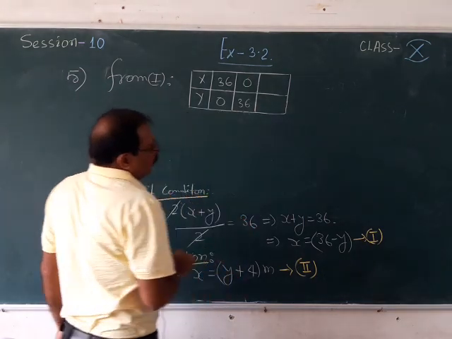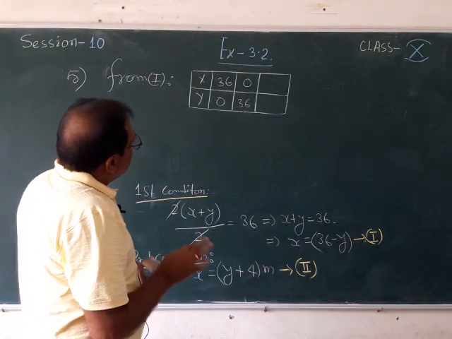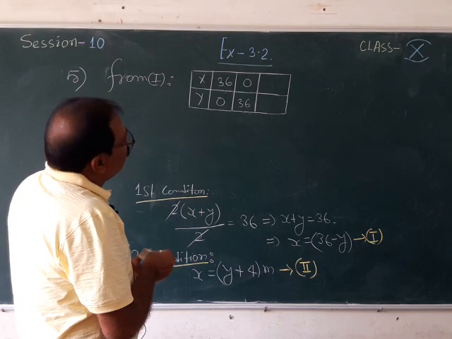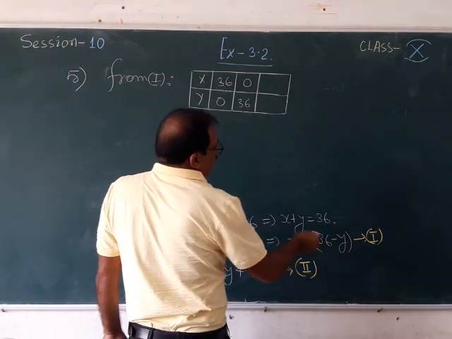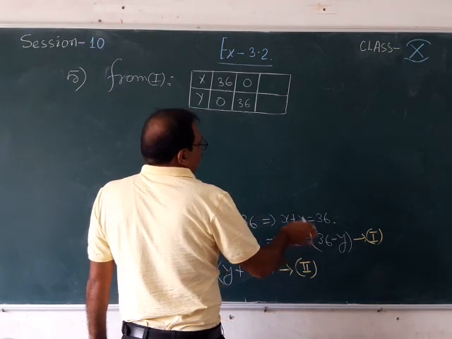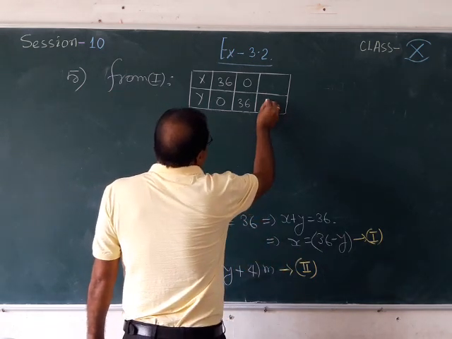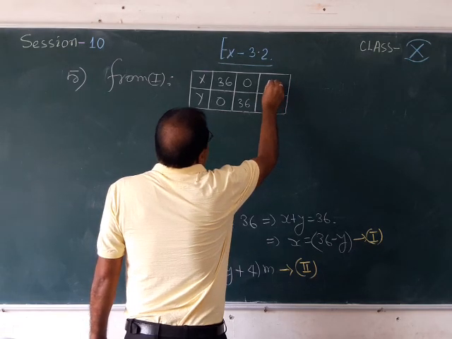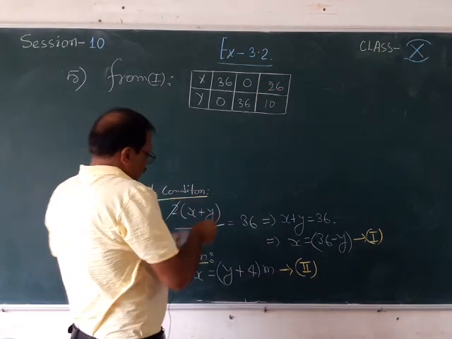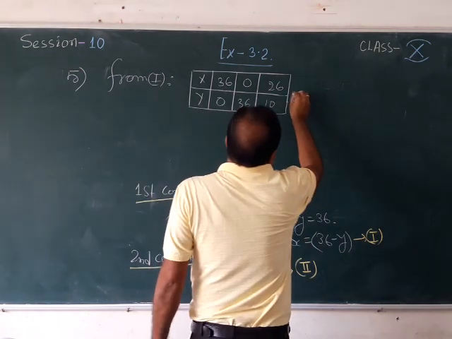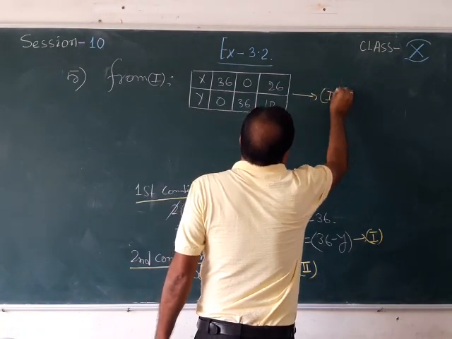So two most convenient values are taken. Then take y as anything else. Suppose I take y as 10, then x will be coming 26. So this is the solution set for equation number 1.